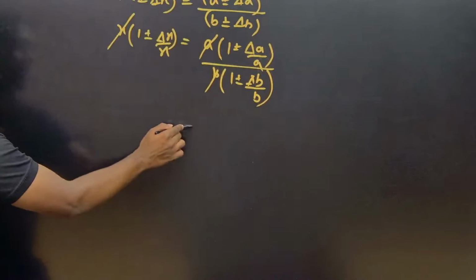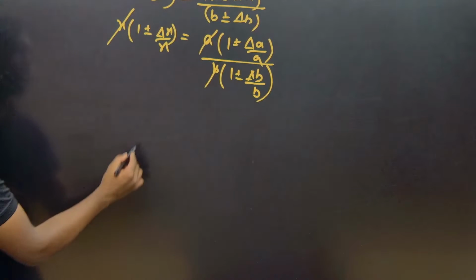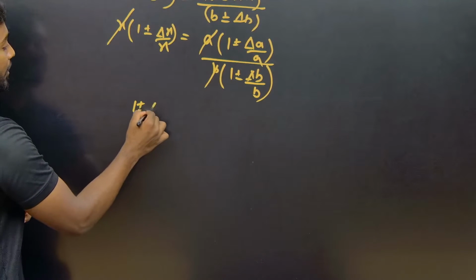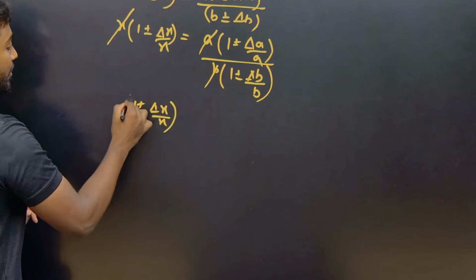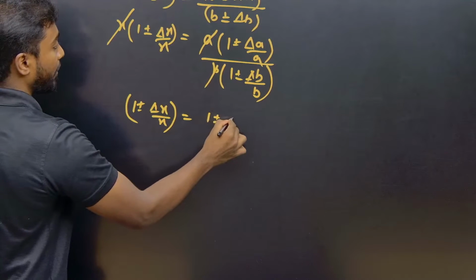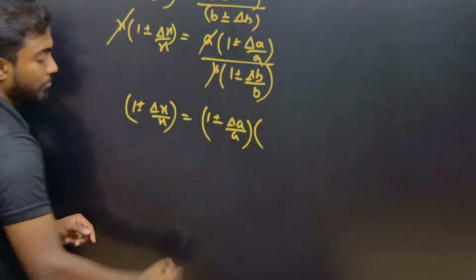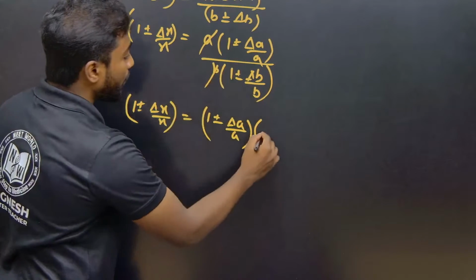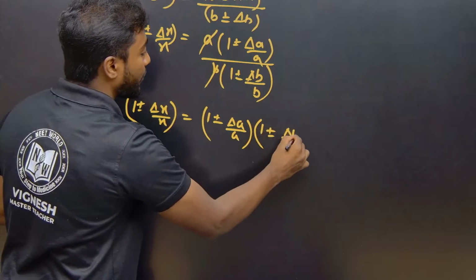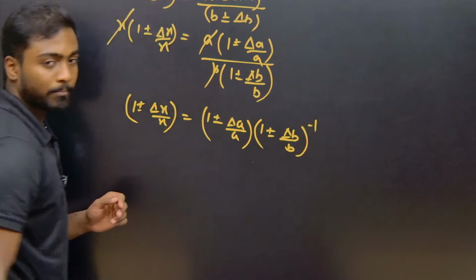So what will happen? 1 plus or minus delta x by x should be equal to 1 plus or minus delta a by a, and the power goes into the numerator, 1 plus or minus delta b by b to the power minus 1.